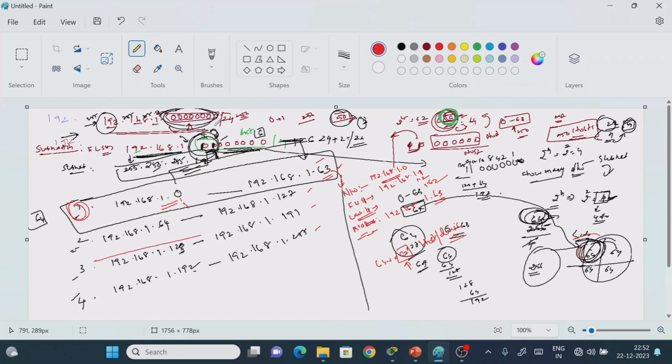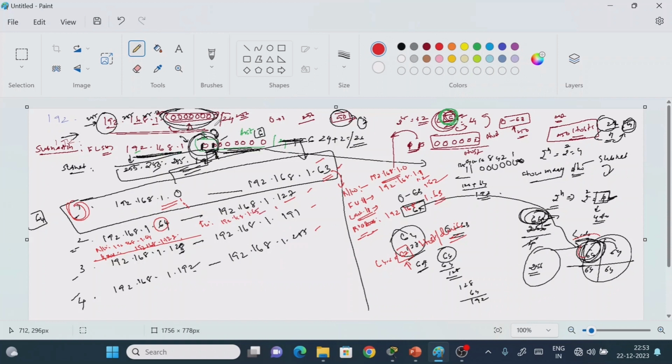So try to find the answer for this one. What is the network address? 192.168.1.64. The starting IP address is the network address. What is the broadcasting address? This is the last IP address, which is 192.168.1.127. What is the first usable IP address? 192.168.1.65.